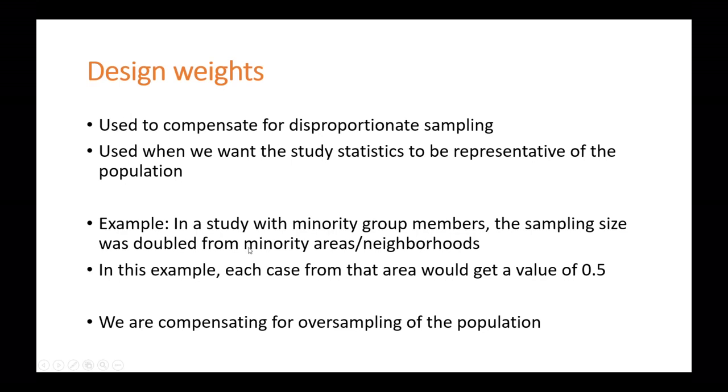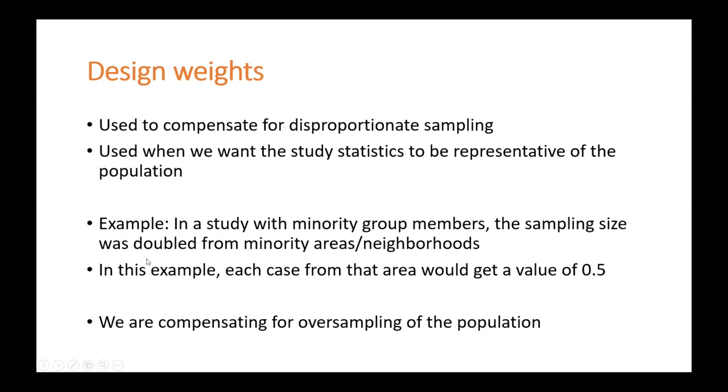So oversampling is pretty common, especially with minority group populations. So in this study, the sampling size was doubled wherever data was being collected from minority neighborhoods.